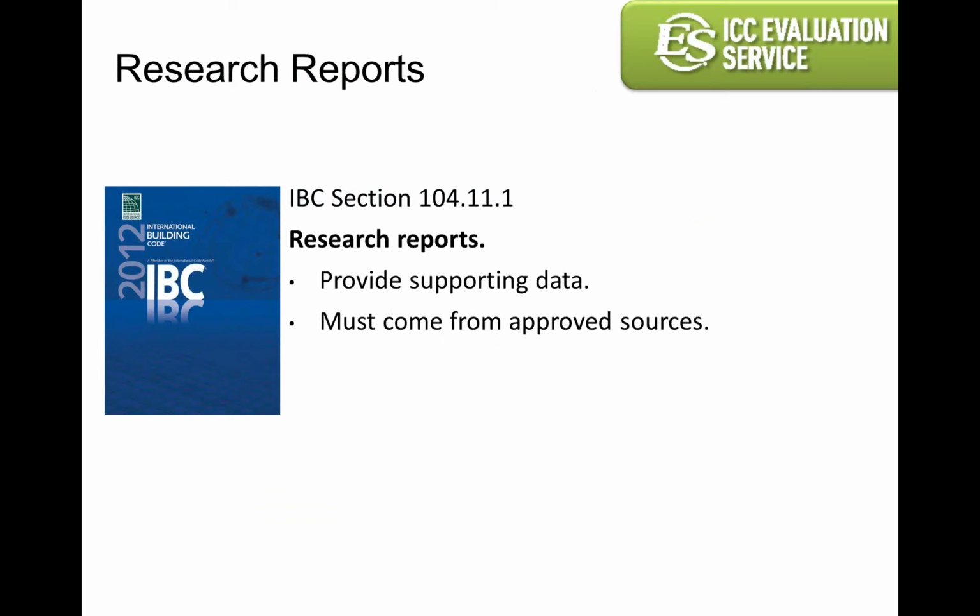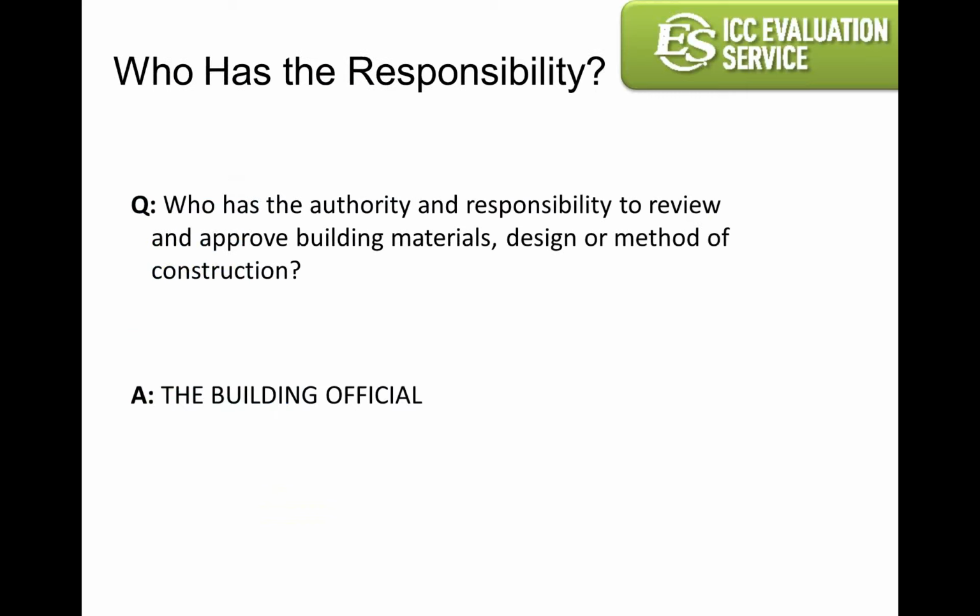So it gives them a comfort zone as far as being able to approve a product that has a report. And in preparing these reports, we'll go through and look at supporting data, and then also the data has to come through approved sources, and we'll look at that a little bit later too. Next slide, please. And again, the building official has the final approval for these.